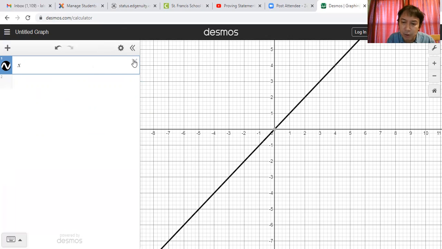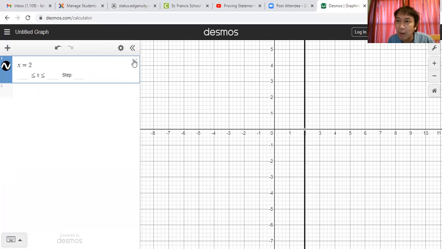Say x equal to 2. It's perfectly vertical, and it passes through the x-intercept 2, where all points along this line will have x values equal to 2.